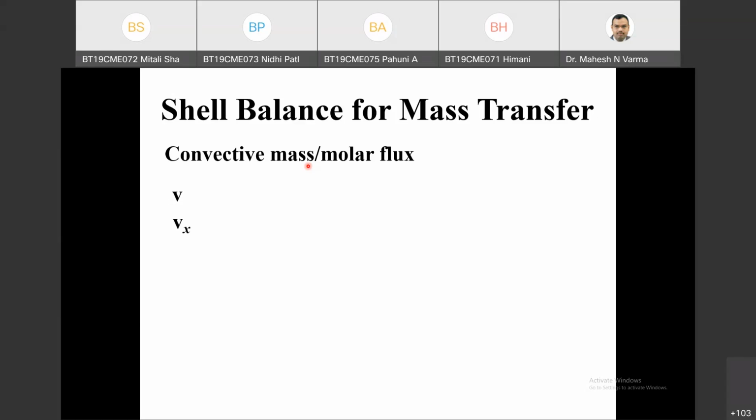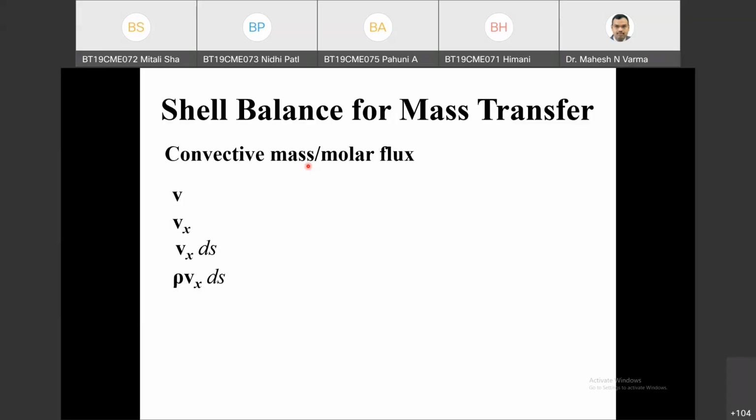So Vx into dS, where dS is the perpendicular surface area in x direction. Velocity in x direction multiplied by perpendicular surface area gives me a volumetric flow rate.